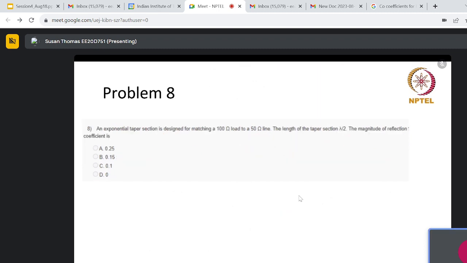So let's go to the last question here. This question is on an exponential taper section. This is designed for matching a 100 ohm load. You have a 100 ohm load, which is ZL, and a 50 ohm line, Z0. Okay. So you have a taper section.